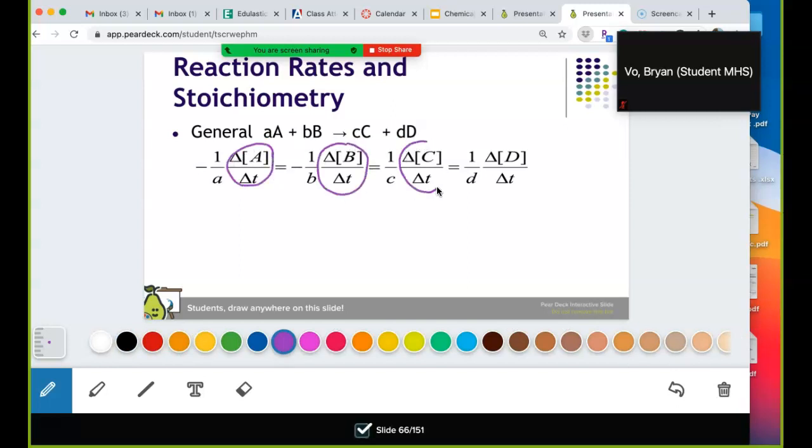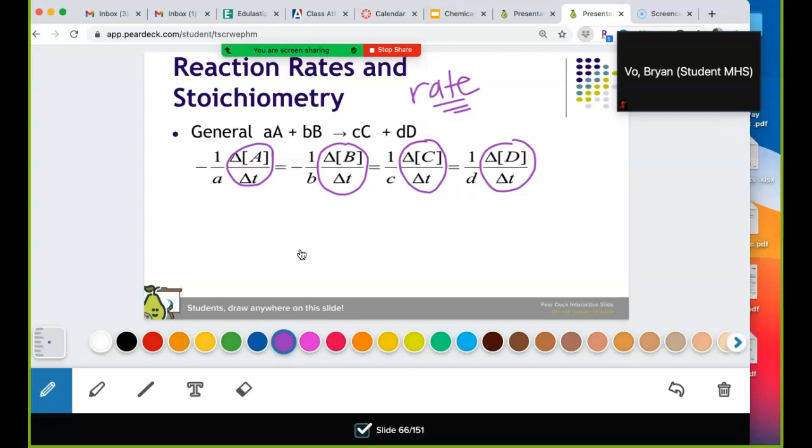These are all change in concentration over change in time, which means those terms mean rate or speed of the reaction. Now notice that the coefficients go in the denominator. So this is 1 over its respective coefficient, 1 over its respective coefficient, and so forth.